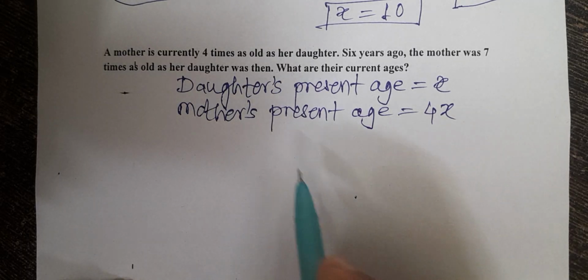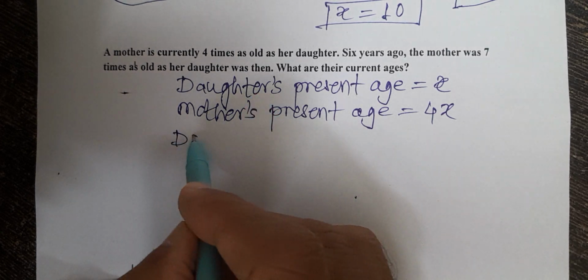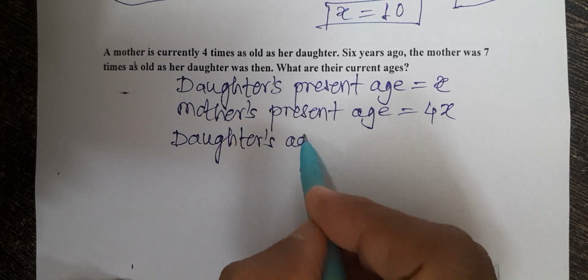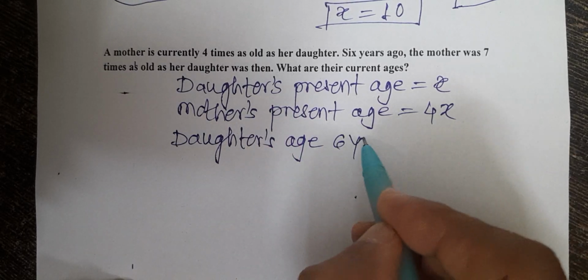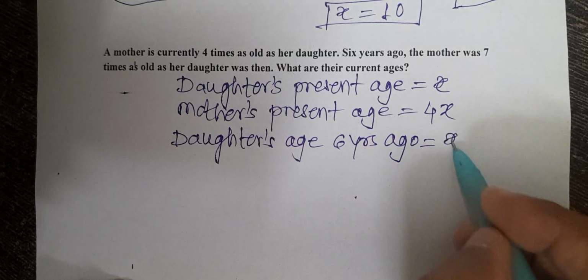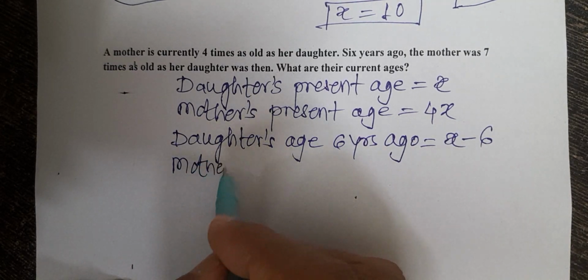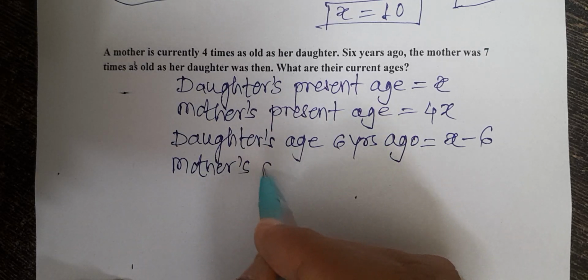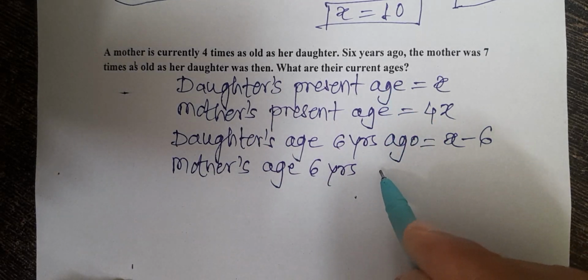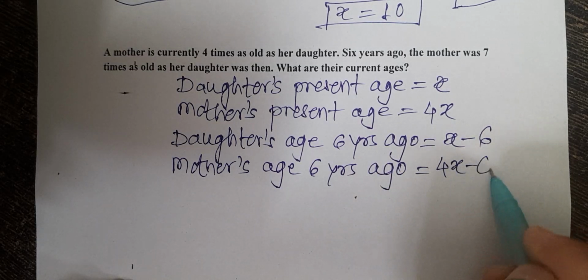Okay, 6 years ago. So 6 years ago the daughter's age is x minus 6, and mother's age 6 years ago is 4x minus 6.